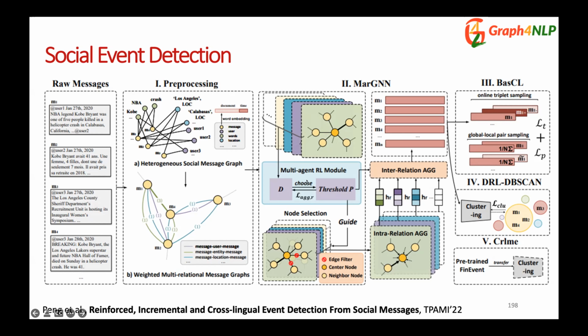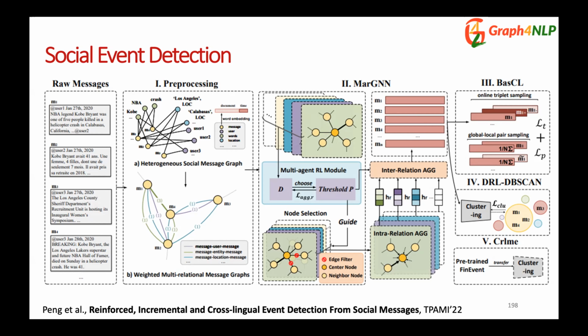And then they apply a two-layer aggregation, the intra-relational graph aggregation and the inter-relational graph aggregation, to get the representation of different message nodes. There are several threshold parameters which are learned by multi-agent reinforcement learning. After they get the representations of the different messages, they perform contrastive learning to let messages reporting the same event have similar embeddings.